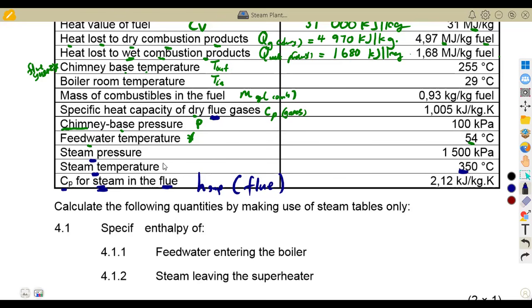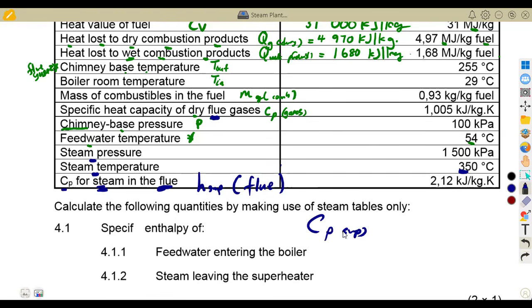That is the one we have there, for the flue. So this is not the specific heat capacity that we are used to, the one we use to find H sup for steam. This is not the one.